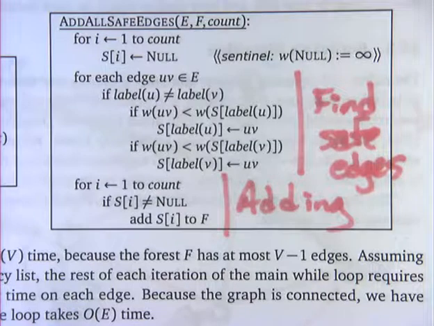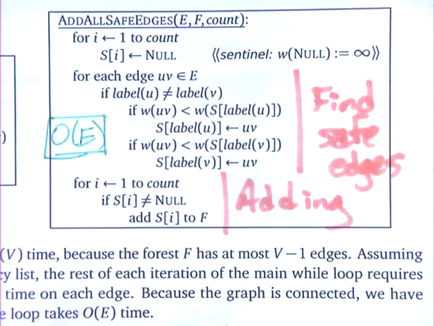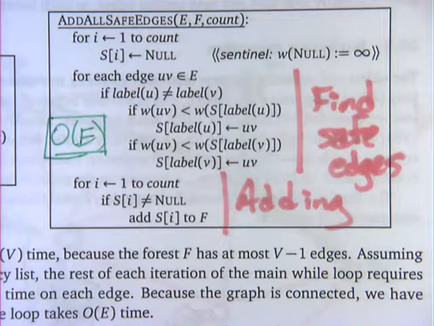The running time of this algorithm is dominated by the big loop over each edge. It's proportional to the number of edges, so this algorithm is going to run in order E time. I believe you could implement this now.